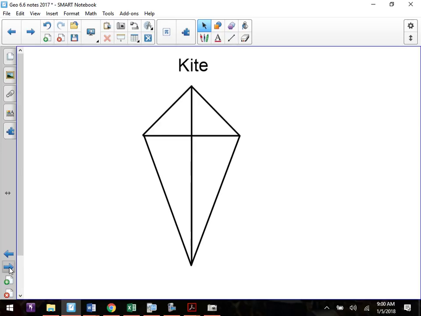When you have an isosceles triangle, you've got congruent legs, like that. So it's two isosceles triangles that share the same base, and kites then have two diagonals. The diagonals of the kites are always perpendicular.